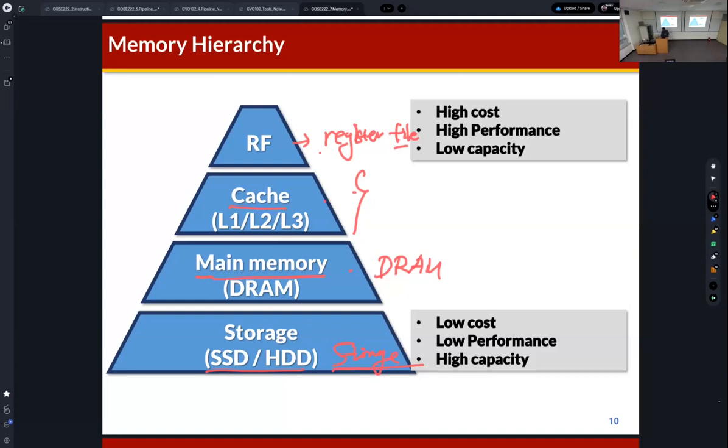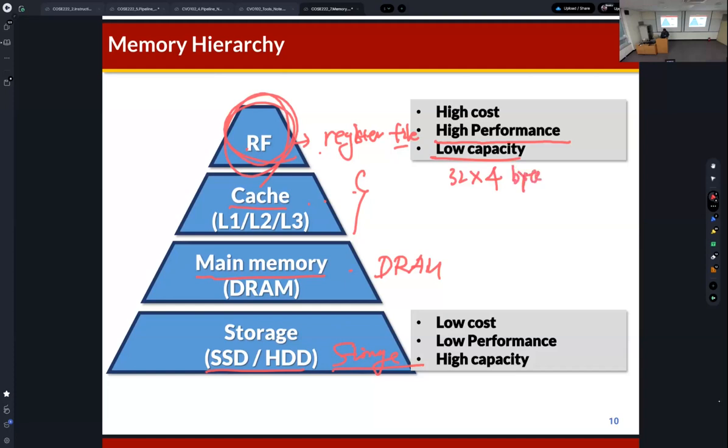You can also find the characteristics of these memory devices. The register file, as I mentioned, is very fast, so it's a high performance memory. High performance means this component is very fast, but it has low capacity. In the register file, we can store just 32 words, so 32 multiplied by 4 bytes.